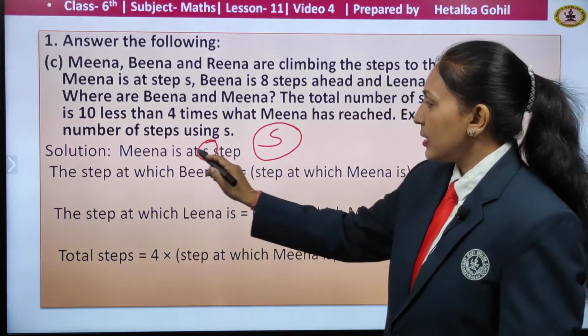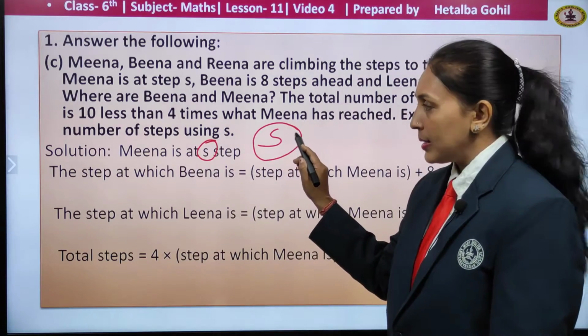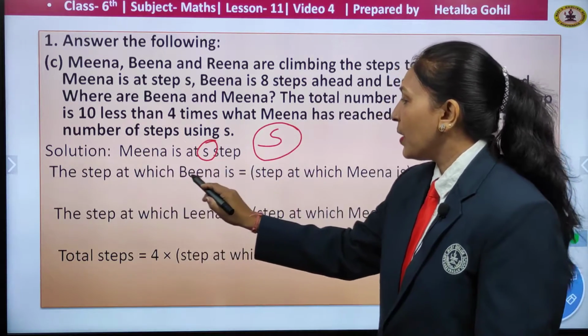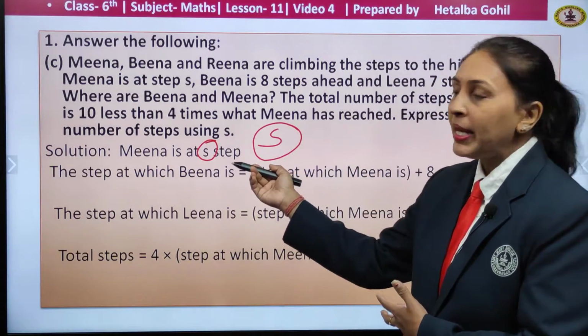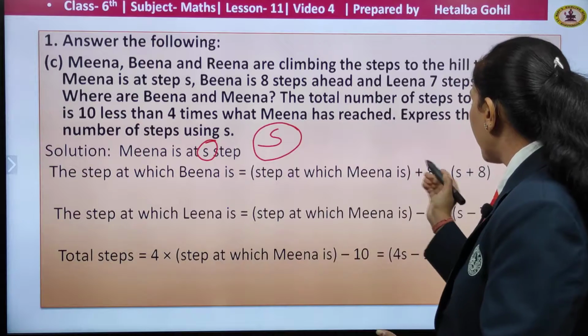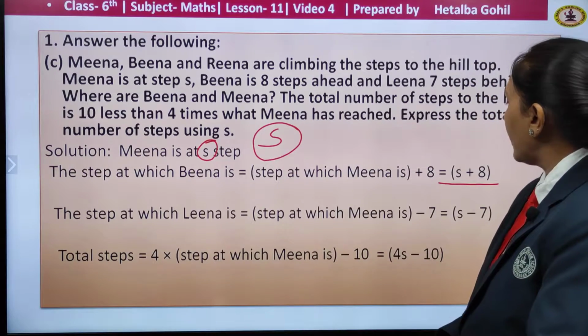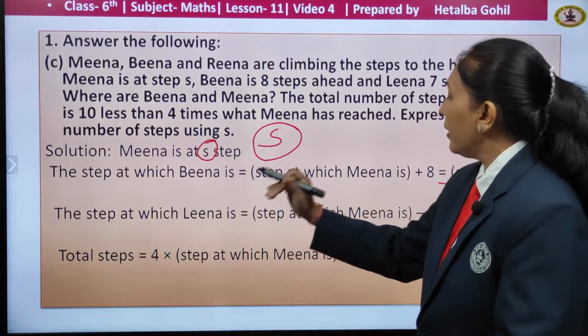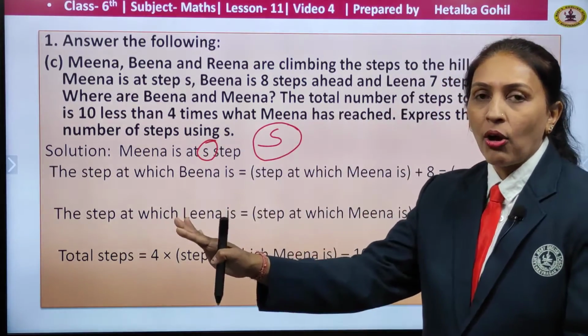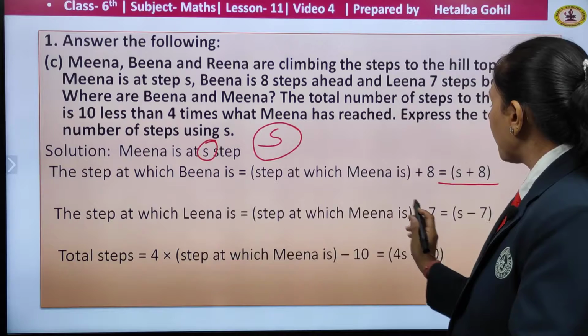Now, Meena is at step S. The step at which Beena is, 8 steps ahead of Meena, is S plus 8. Then Leena is 7 steps back of Meena, so S minus 7.